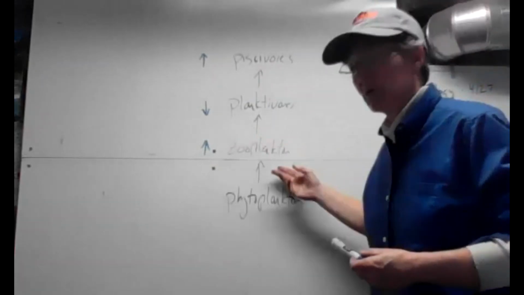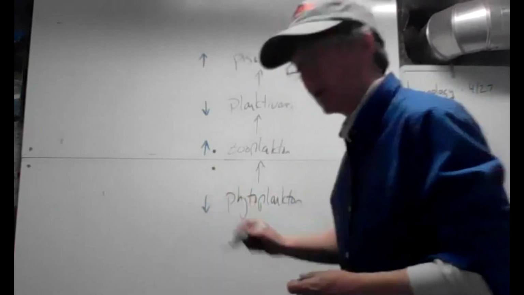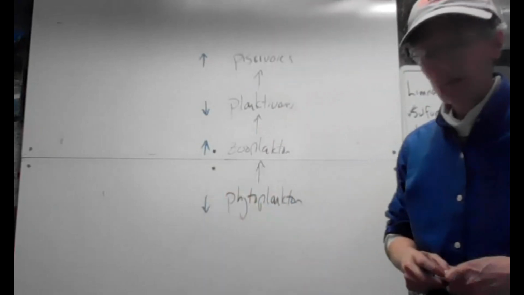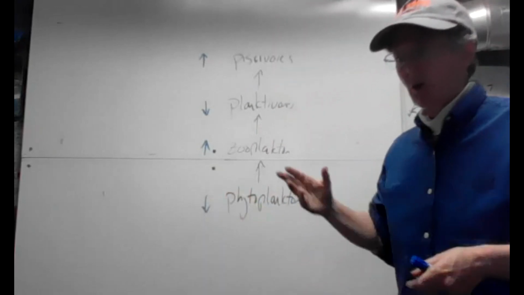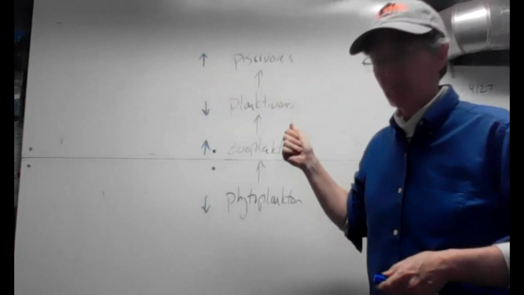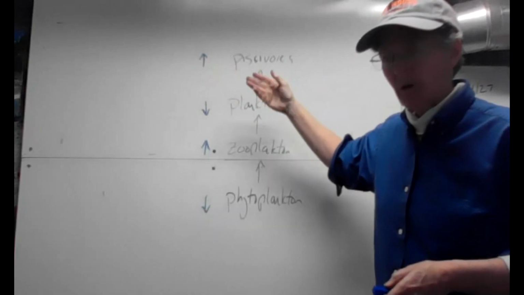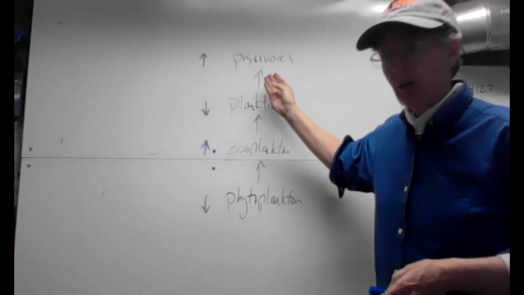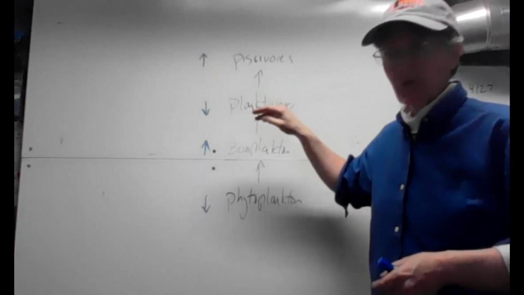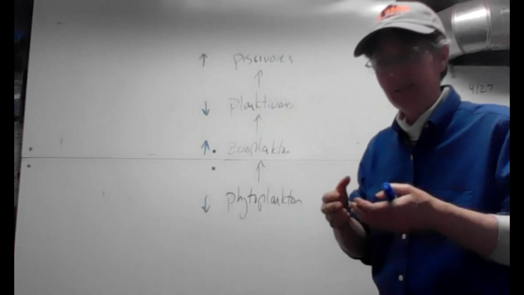But if there's more zooplankton, then there's going to be less phytoplankton. So the basic idea would be to remove the fish and restock them with a good ratio, which had more piscivores and fewer planktivores, and planktivores that the piscivores can actually eat.